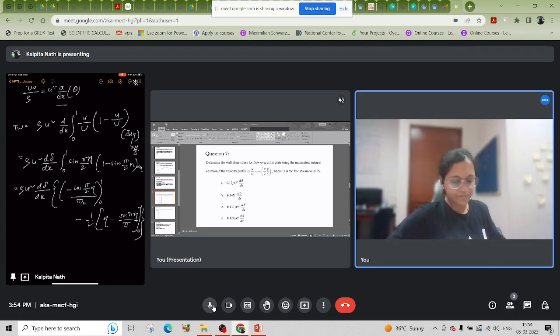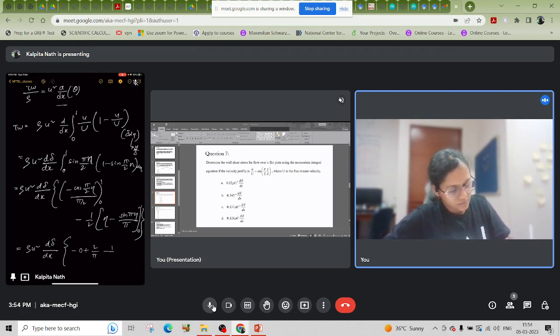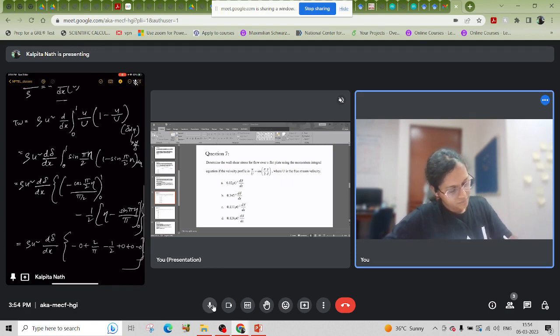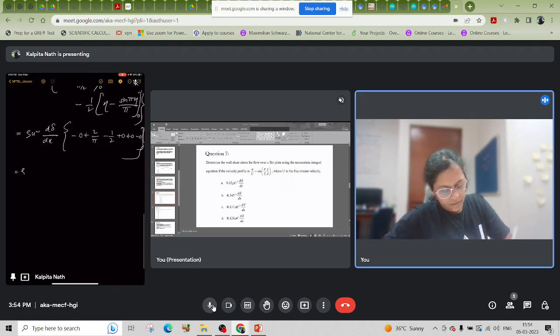So this is equal to rho U square d delta by dx, minus 0 plus 2 by pi, minus 1 by pi plus 0, which is rho U square d delta by dx times 2 by pi minus 1 by 2.